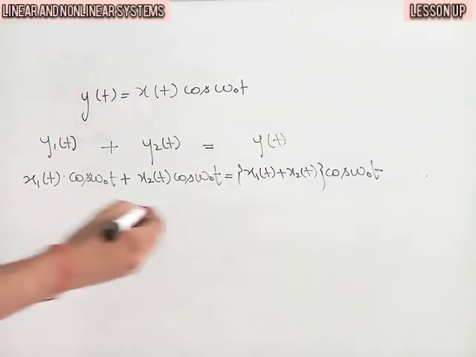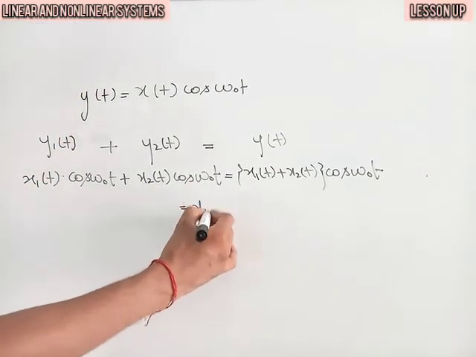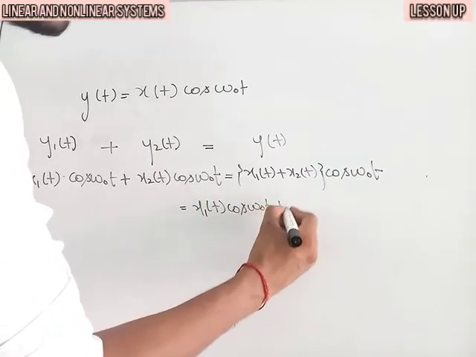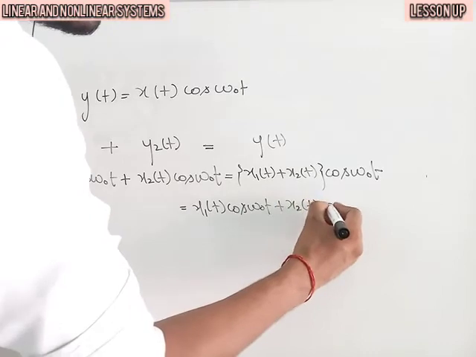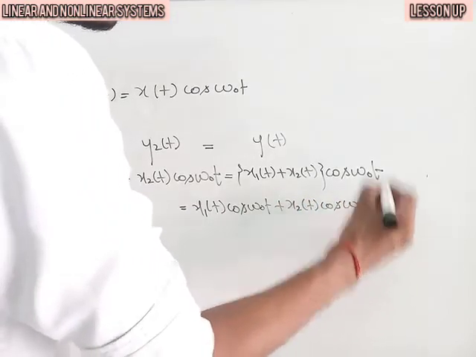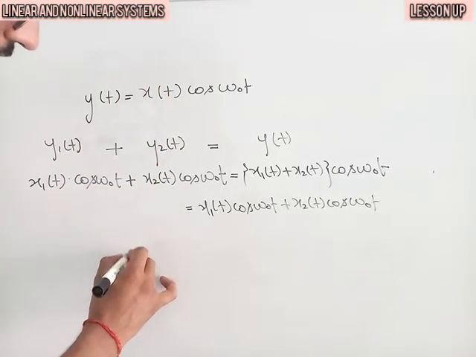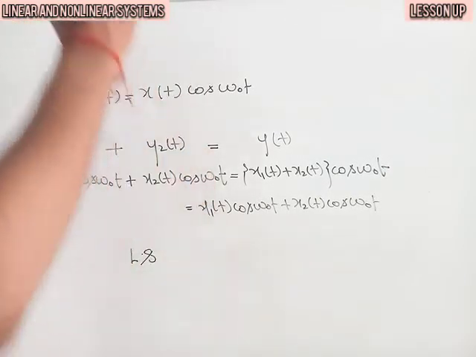If we expand this equation, we will get x1 of t cos omega naught t plus x2 of t cos omega naught t. So, both the equations are equal. So, we can tell this system is a linear system.